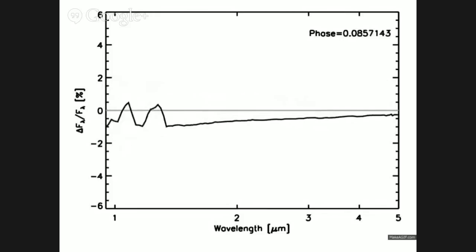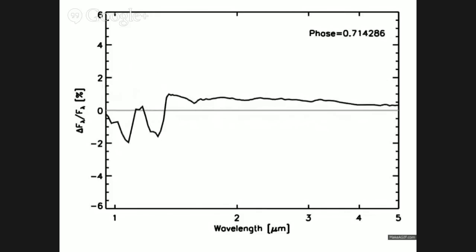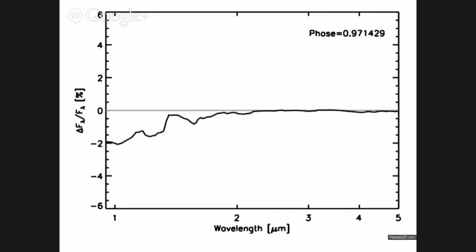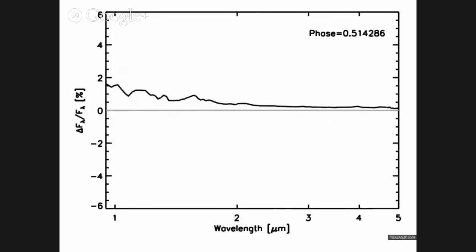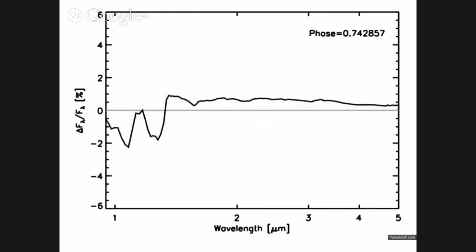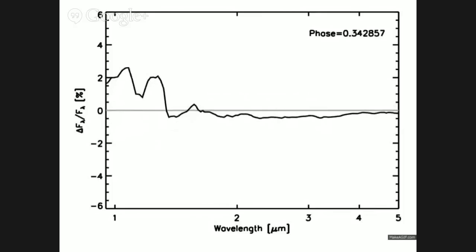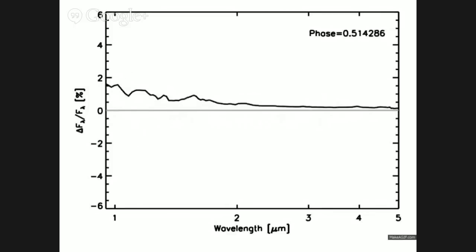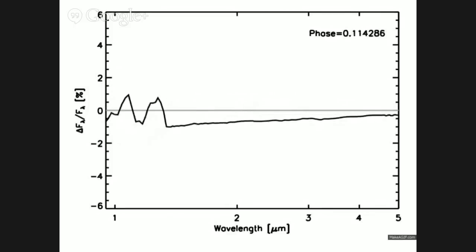So along with Mark Marley, we used a 1D model to investigate the time-dependent behavior of a model T-dwarf atmosphere to periodic perturbations introduced into the atmosphere. This is a case where you're seeing brightness fluctuations over the course of a full cycle in the near infrared, where the perturbation was introduced at depth for a characteristic period of 100 hours. So if you want to talk about this result or similar results and the role that clouds might play, please see my poster number 324.